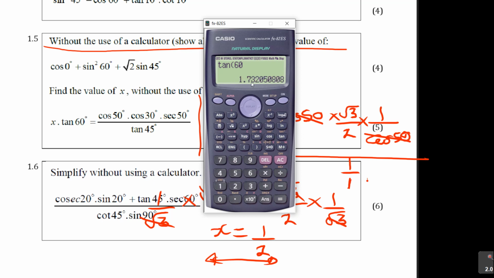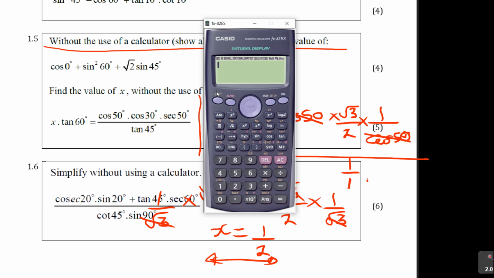There it is. Okay, it's giving me something different. What did I miss there? Let me check again. Let's do it again. Oh yes, that answer, root 3 over, and then if I take this number, what can I do?